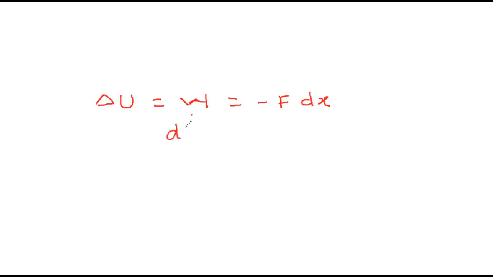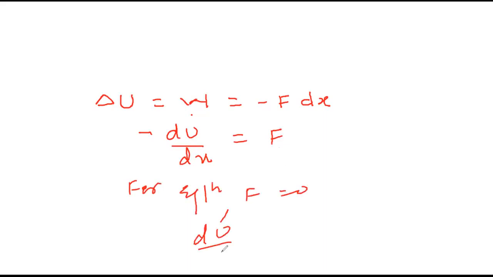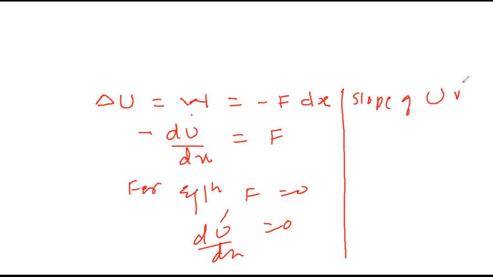That means we can say minus dU upon dx equals F. For equilibrium, F is 0. That means dU by dx is 0. Clear now? Something upon x, ये तो एक्चुअली स्लोप है ना, स्लोप, gradient of U, हाँ ग्रेडियंट बोलते हैं. स्लोप ऑफ एनर्जी वर्सेस x का ग्राफ है, ये स्लोप है.